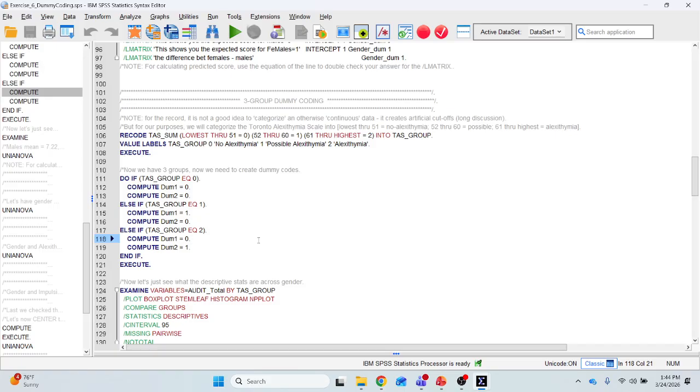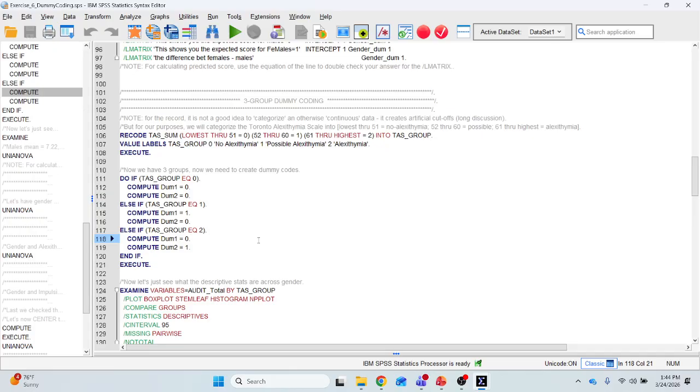So if you look at this one, do if, hey, little gnome, if you see a score of 0, I want you to have a variable called dum1, and you put a 0 on it. And for my variable dum2, I want you to put a 0 on it, because it's 0, 0. It's my reference group. Now, my dum1 is for my medium, so I'm at the else if.